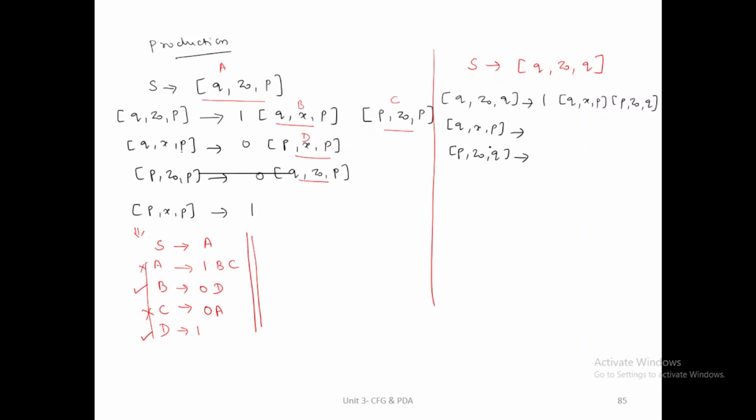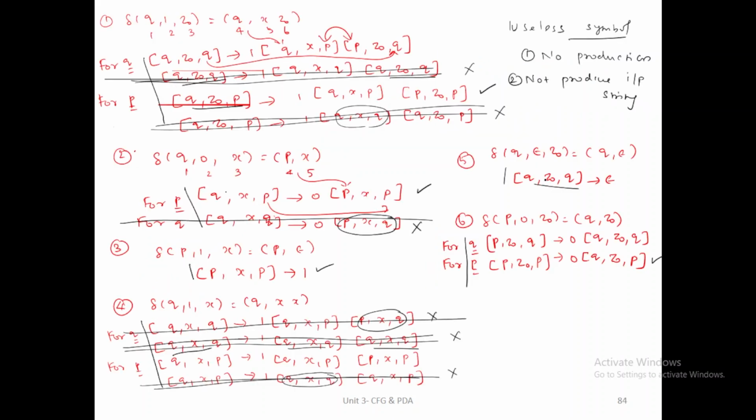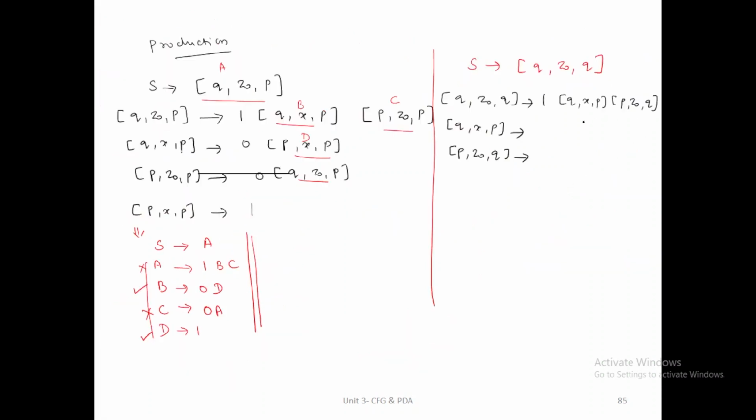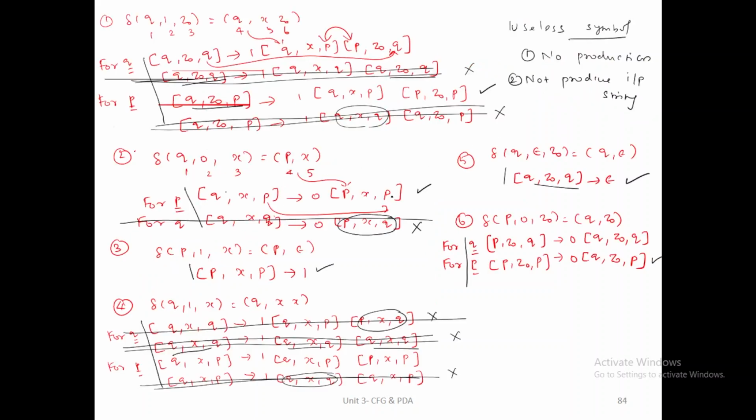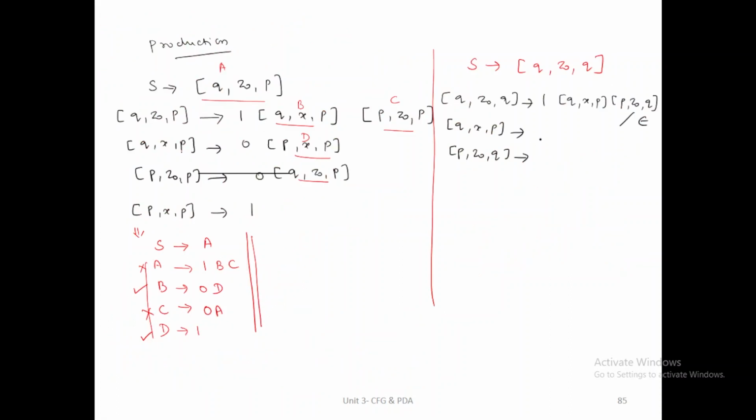Once again I check the [Q,0,Q] production. Here the [Q,0,Q] production is also available. It is epsilon, so another value is available for the same production. I write it with a slash, since we can combine more than one production for a single variable. Then QXP is 0 PXP, which is already available.